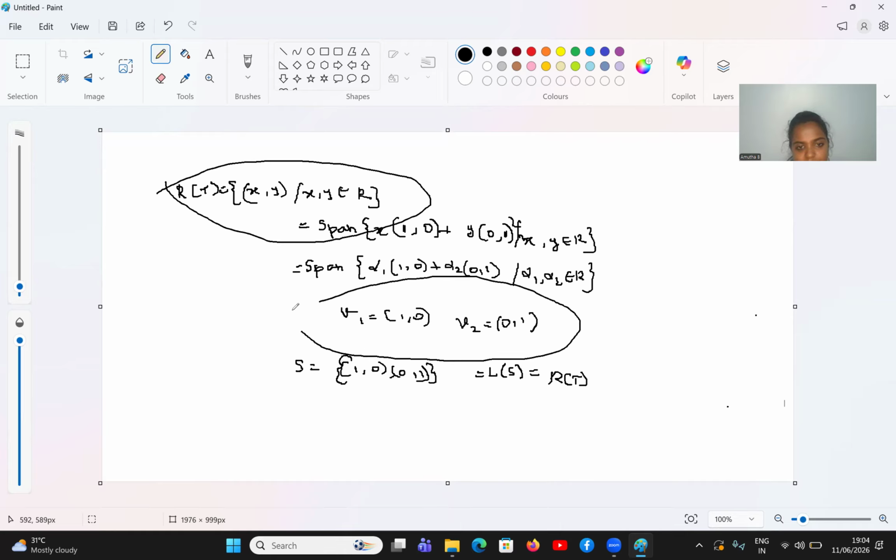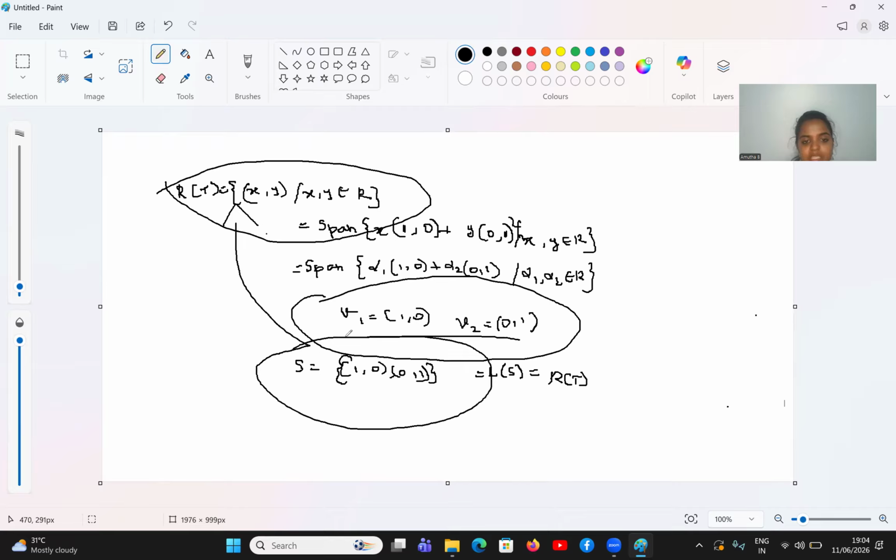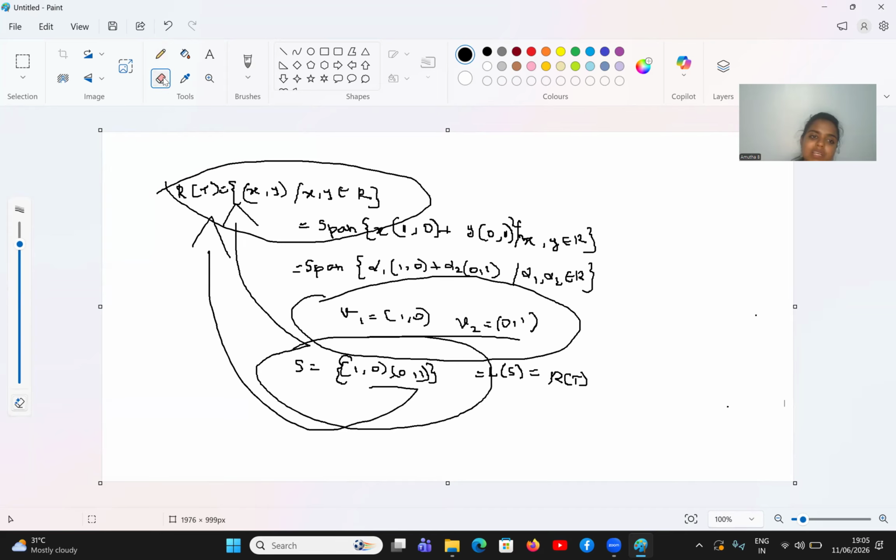We got V1, V2 from R of T. So these two vectors V1 and V2 span R of T. That's why S is a spanning set of R of T. If you find the span of (1, 0) and (0, 1), we can get R of T again. So the second condition of basis is satisfied. Now, we should go for the first condition.